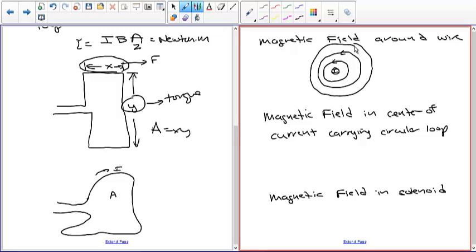The direction depends on the right-hand rule, and the magnetic field strength is equal to mu 0 times I divided by 2 pi times the distance from the current. Mu 0 is another constant, like epsilon 0.